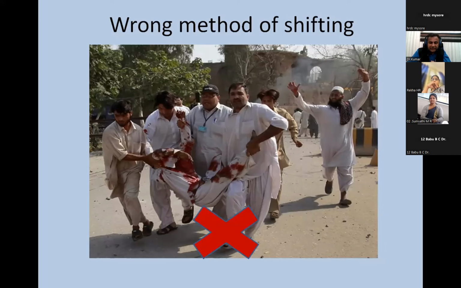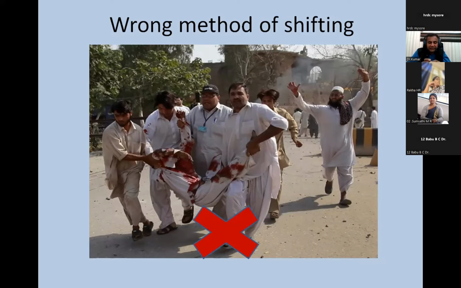You can see there are 4 to 6 rescue workers or first responders in total, and just look at how they are holding the leg, how they are holding and pulling the hand and the body. You can see it sagging down, and this injury may get aggravated. Bleeding may get aggravated. The fracture may get aggravated.